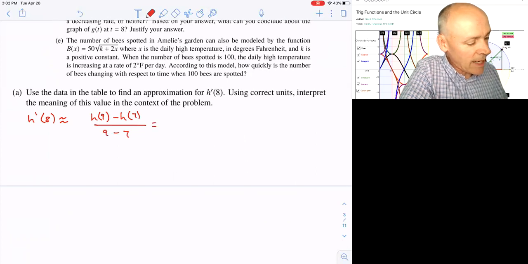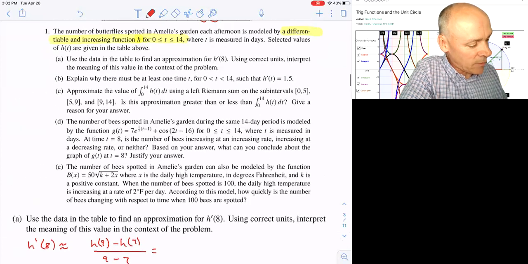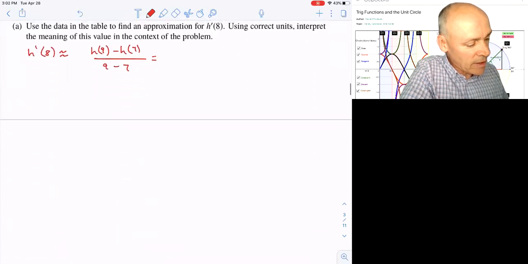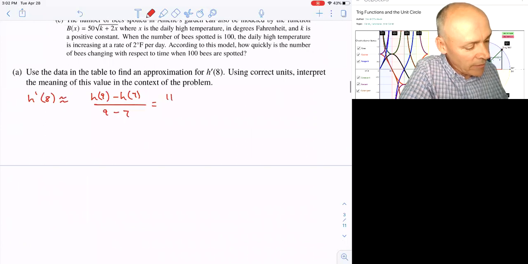So my approximation, H prime of 8, is approximated by H of 9 minus H of 7 over 9 minus 7. Can't stop there because I've got to get rid of that function notation. So H of 9 is 11 and H of 7 is 7. So I have 11 minus 7 over 9 minus 7. I can stop there. That's a numeric answer.